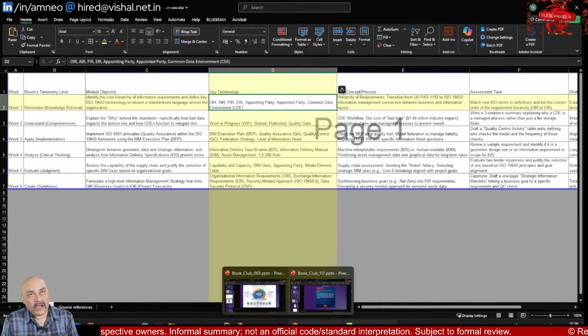And I have done this myself. I have implemented BIM in my organization, which used to churn out roughly 300 million dirhams annually, and my team used to churn out roughly 3,000 drawings per month on average. That was the churn rate of my team.